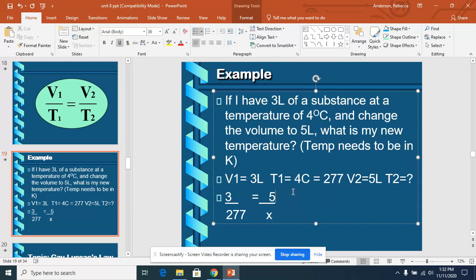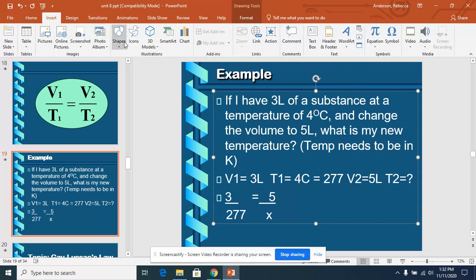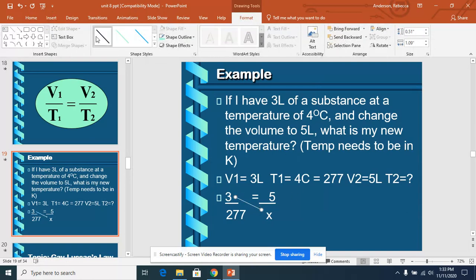Okay, just a little quick reminder to make our math a little bit easier: you can cross multiply. You could do 3 times x equals 5 times 277.